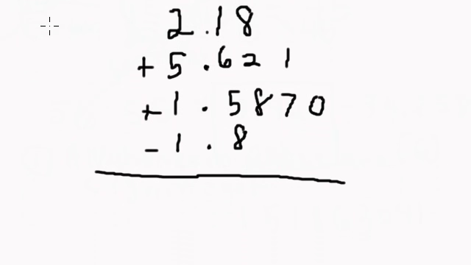Okay, the next step is you have to find the number with the least amount of decimal places. The first number, 2.18, has 2 decimal places, the 1 and the 8. The second number has 3 decimal places. The third number has 4 decimal places, and this number right here has 1 decimal place. So this one is the one with the least amount of decimal places.